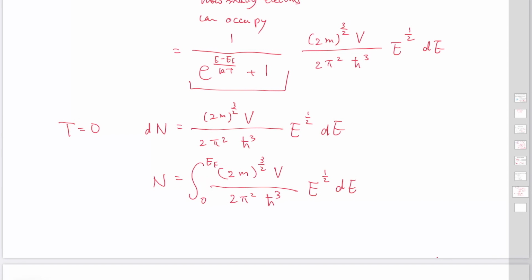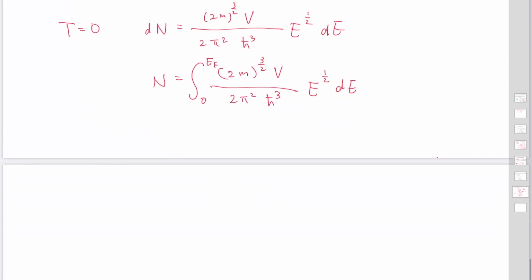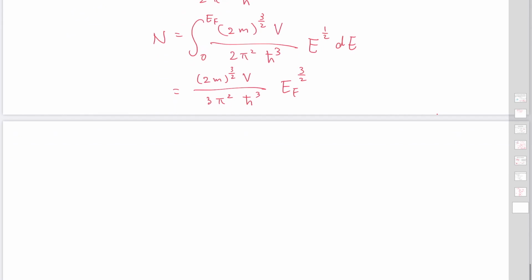Then if you integrate this, it becomes (2m)^(3/2) V over 3π² ħ³ E_F^(3/2). So from these equations, you can find the Fermi energy, the energy of the electrons inside of the metal, E_F.